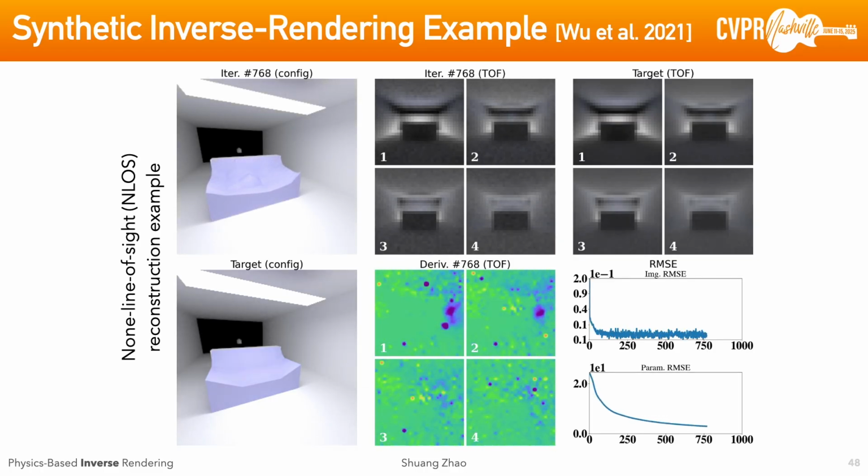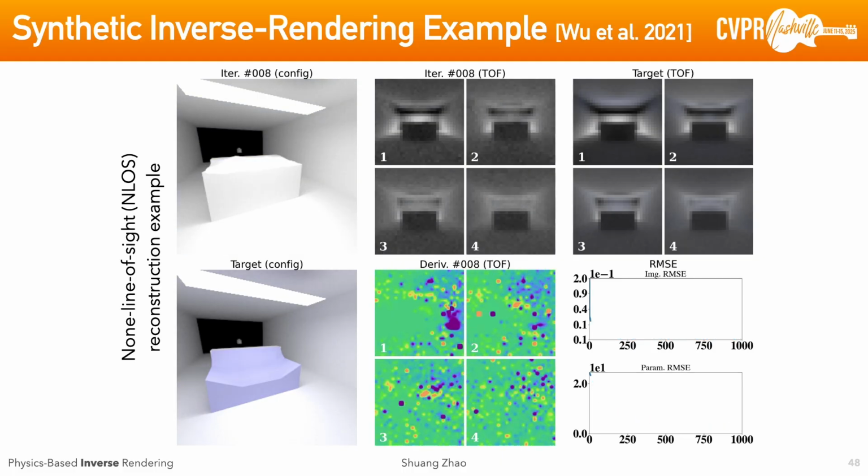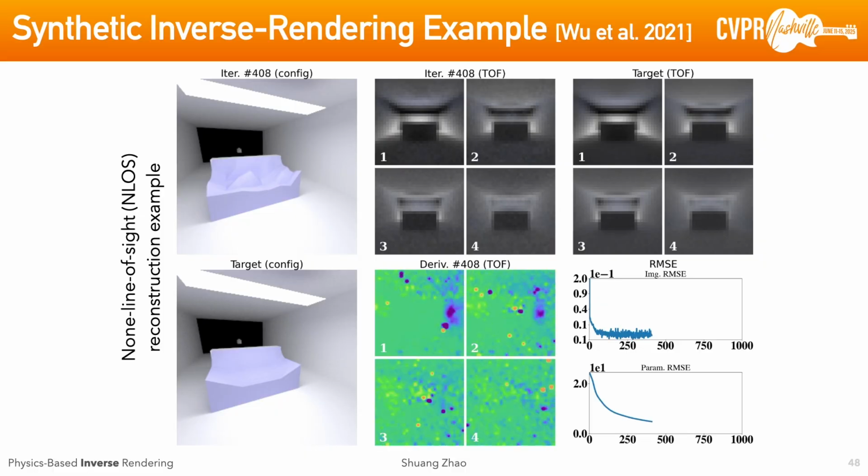So in this example, we're optimizing the shape of this object without looking at it. You can see the camera is here, it's kind of behind the object, it's blocked. But normally, if you don't have time-gated images, this is near impossible to do. But by only looking at a few time-gated images, we can actually infer the shape of this object, again, without even looking at it directly.